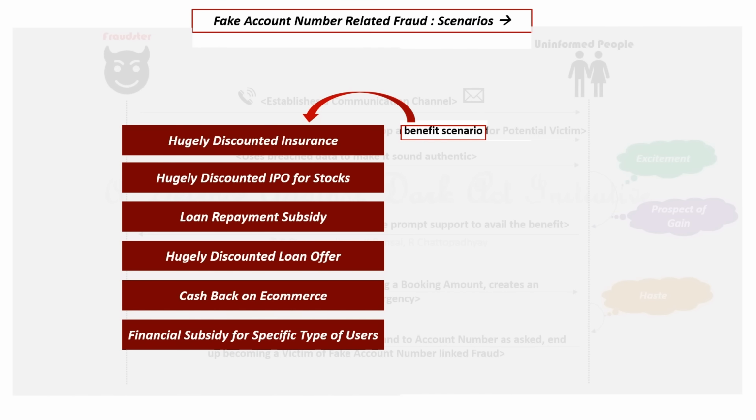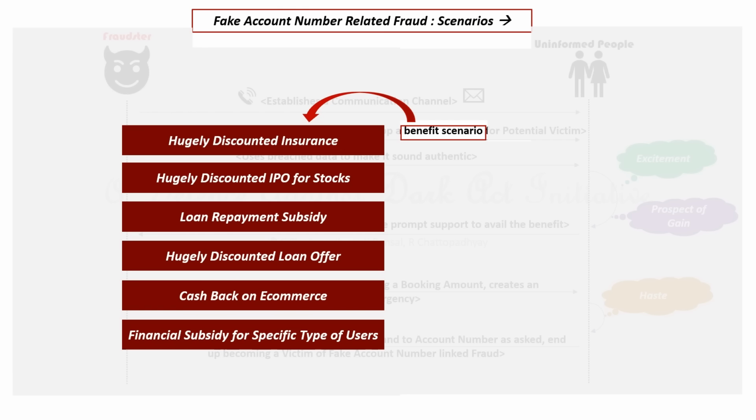Now, what kind of benefits are we talking about here? Let's say the physical kiosk was made to look like an insurance agency's kiosk, and the benefit is something like offering insurance at a hugely discounted price point.